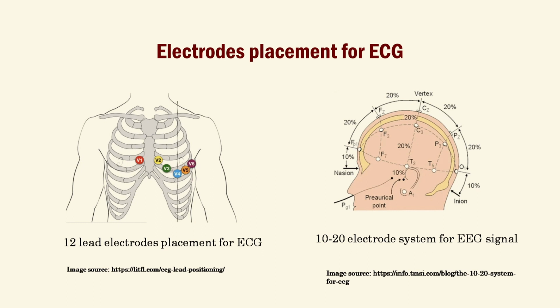The total distance is based on the anatomical locations on the scalp, nasion and inion. EEG signals can be recorded using a single electrode or more than 100 electrodes. The selection depends on the requirement and the amount of information we want to capture.